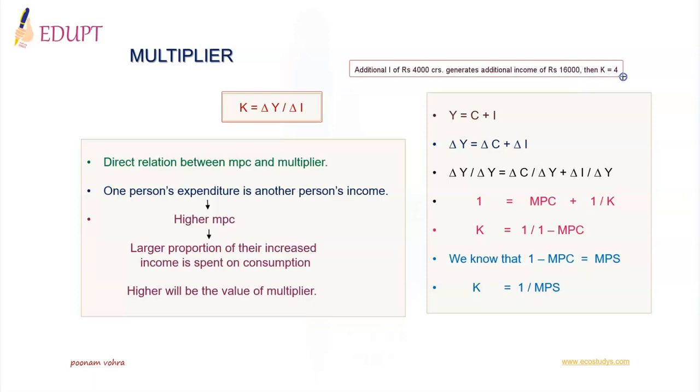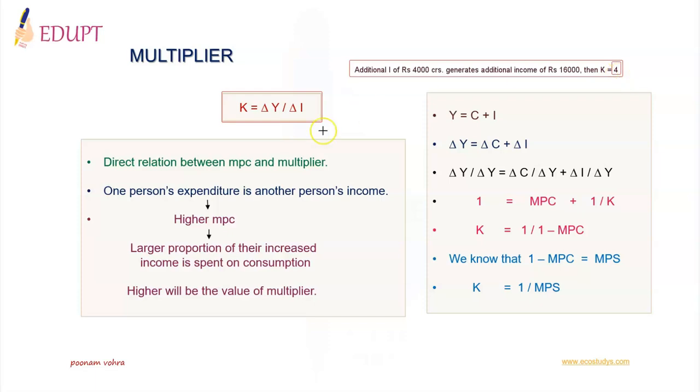Then the multiplier would be 16,000 divided by 4,000, which is 4. It implies that income increased 4 times with the simple increase in investment.